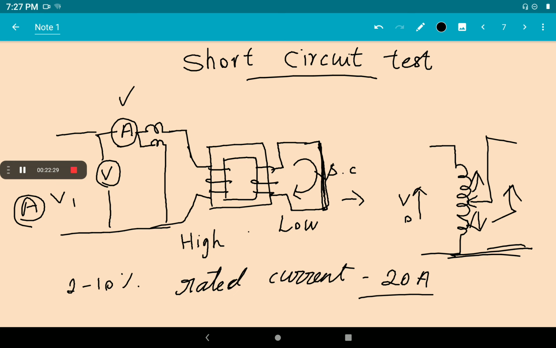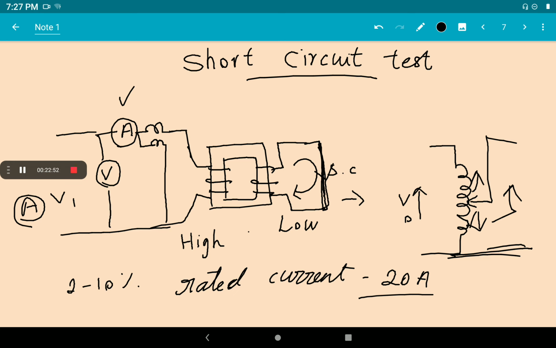So when we apply rated current, what happens? The current flow in the primary winding and the secondary winding will be high. A 20 ampere rated current will flow through the primary and secondary. In this test, on the high voltage winding, a reduced value of voltage is applied with an auto transformer.